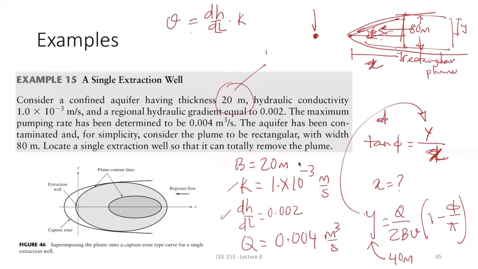Okay, so if you know Darcy's velocity, you can calculate that because you know hydraulic conductivity, and everything else is given. All you have to do is calculate this phi. If you calculate phi, you calculate x, because y is given. Okay. All right, I'll stop the recording now.